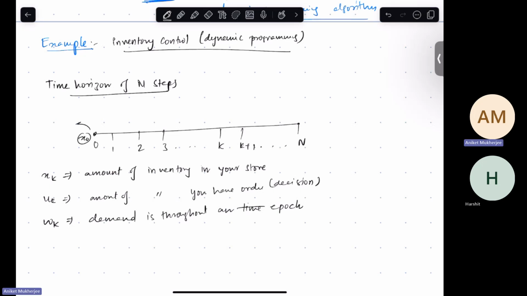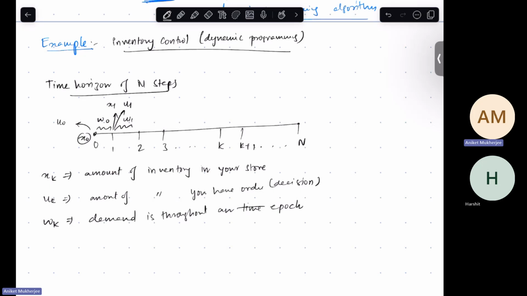You place an order of u0, and then you get that, and then over this time interval, you get a demand of w0. And then at this instant, you have x1 remaining, and then you place an order of u1, and then throughout the next interval, you get w1 demand, right?